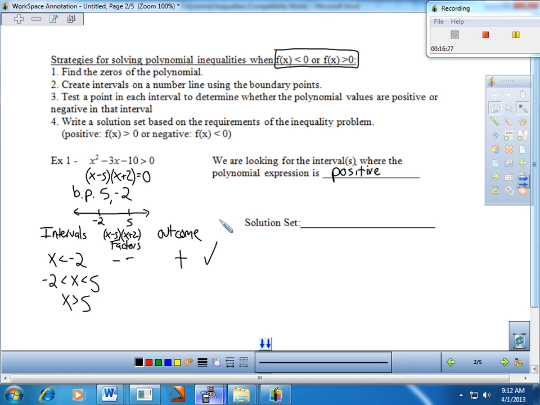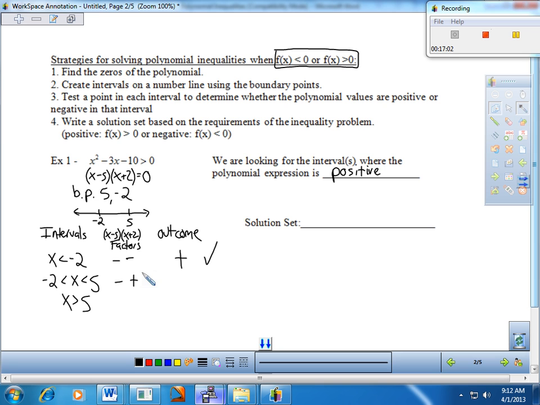Okay. Now let's go ahead and test a point in the next interval. All you have to do, again, is pick any point to represent the infinite number of points in that interval. So now I'm in here, guys, -2 to 5. And by the way, what is probably the easiest number to check in between -2 and 5? I would say 0, right? So let's do it. Put them in. 0 minus 5 is negative. 0 plus 2 is positive.